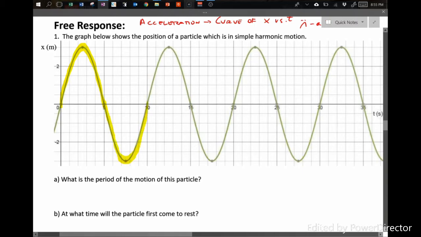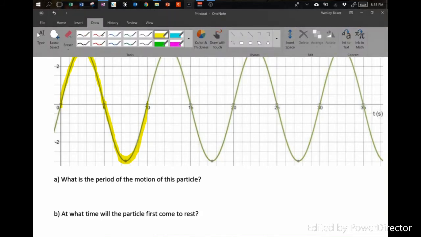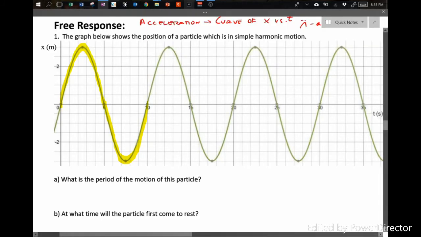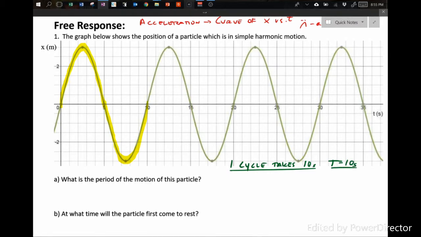That is one complete cycle. So just looking at that right there, one cycle takes 10 seconds. Period is 10 seconds, just looking at that bit of information.